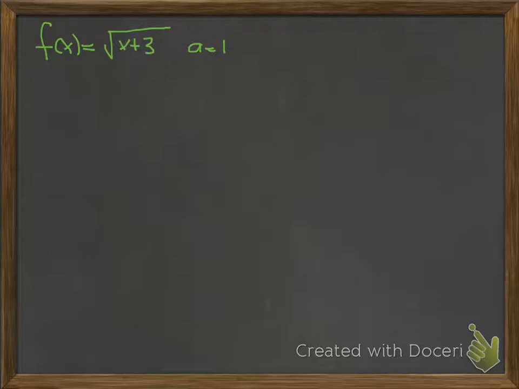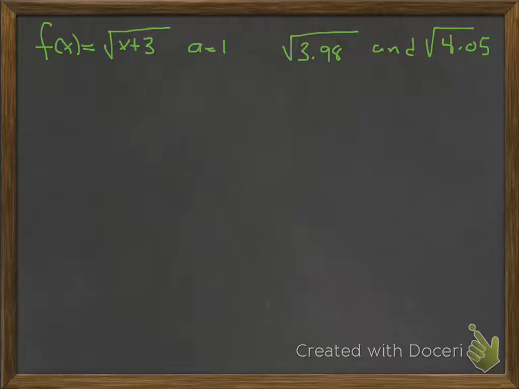So we're going to use it to approximate what the square root of 3.98 would be and the square root of 4.05. So to do that, I do need to find my derivative.